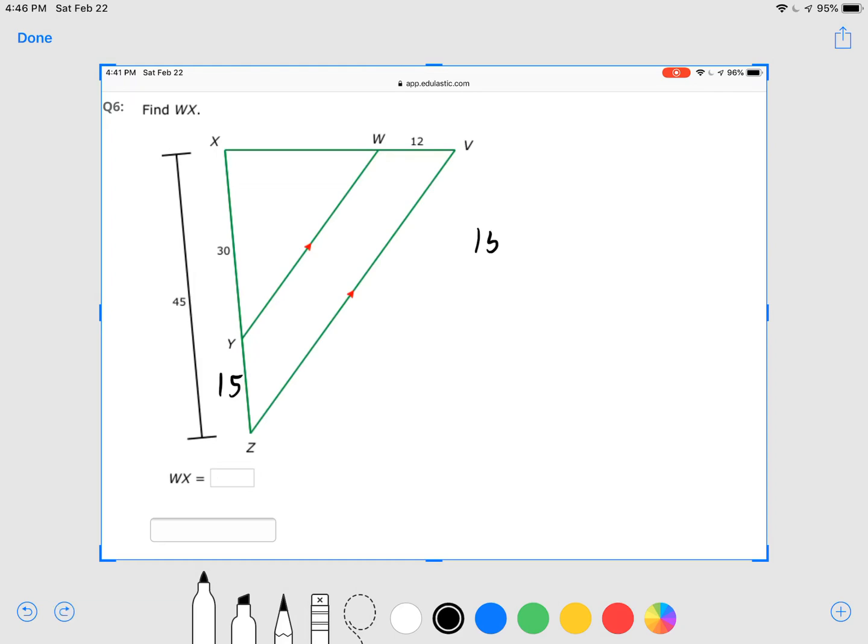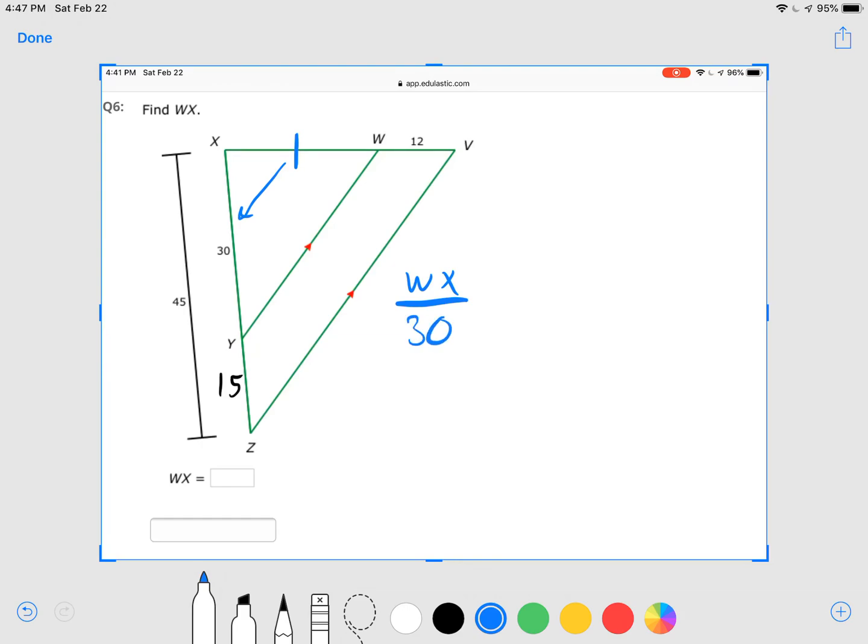So if we know this is 15, then we could do, well, actually, hold on. I'm going to be consistent with the way that I like to do it. So we're looking for WX. WX is up here, right? So I like to put what I'm looking for first, so WX. So what you can do is you can say that WX corresponds to this side.